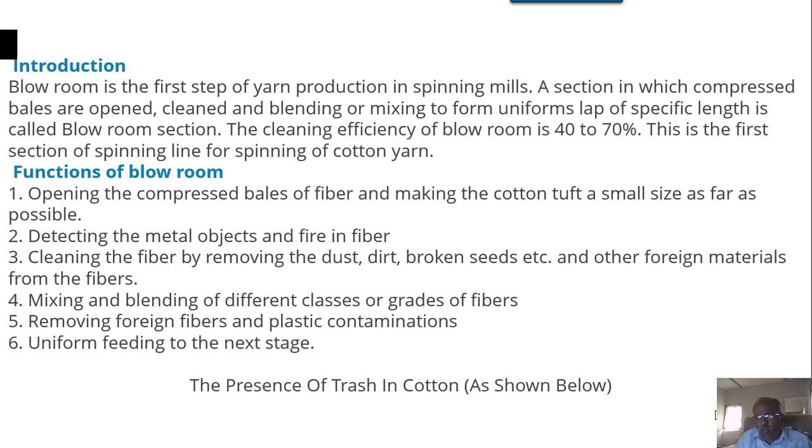But actually, just to have a look at the preceding stage, we are required to know that in the spinning mills, especially in the context of cotton we are discussing, the cotton spinning mills have a program for the mixing also.